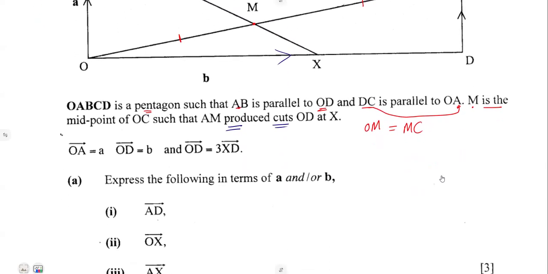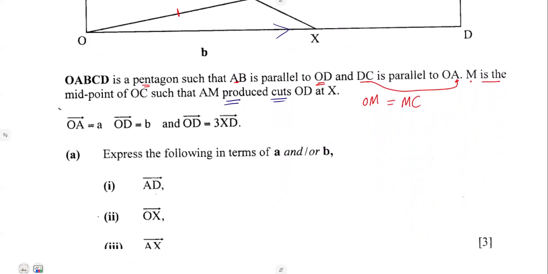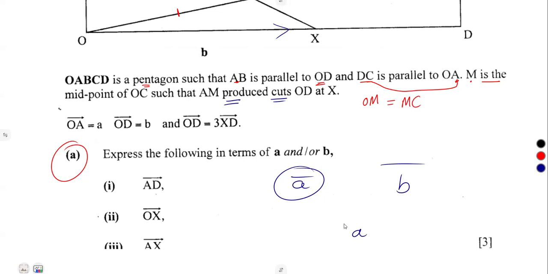With this information, express the following vectors in terms of A and/or B. So there's an option that we can have both A and B, or we can have A only, B only, or A and B in the same answer.